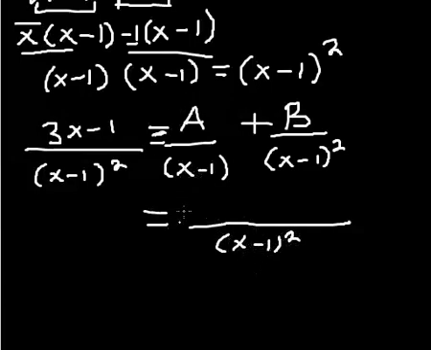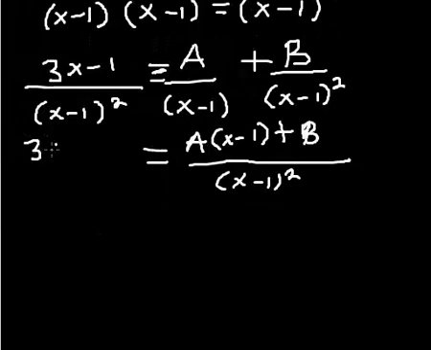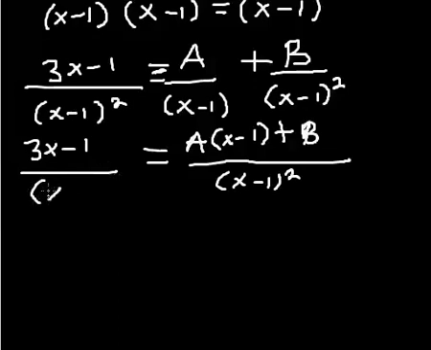I will just have x minus 1, then x minus 1 multiplied by A. x minus 1 squared divided by x minus 1 squared, I have 1. 1 multiplied by B, I have B. So this is going to be 3x minus 1 over x minus 1 squared.